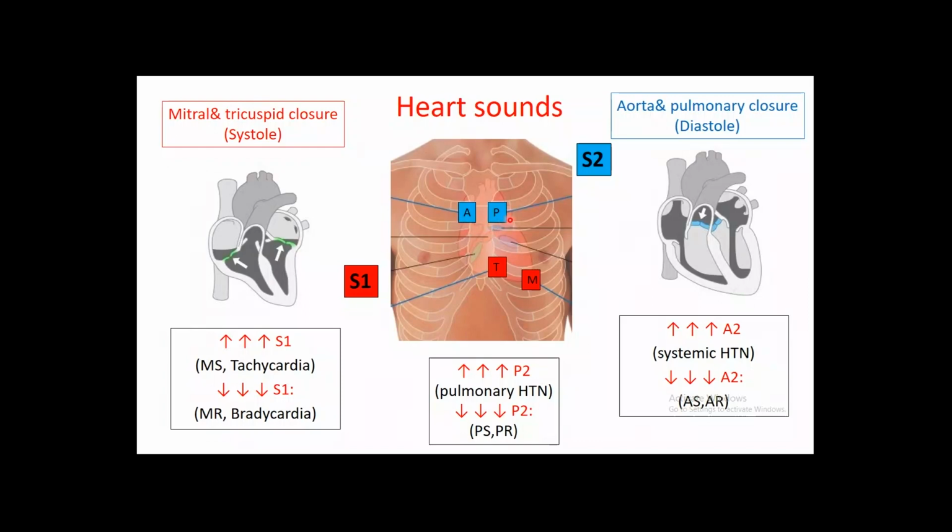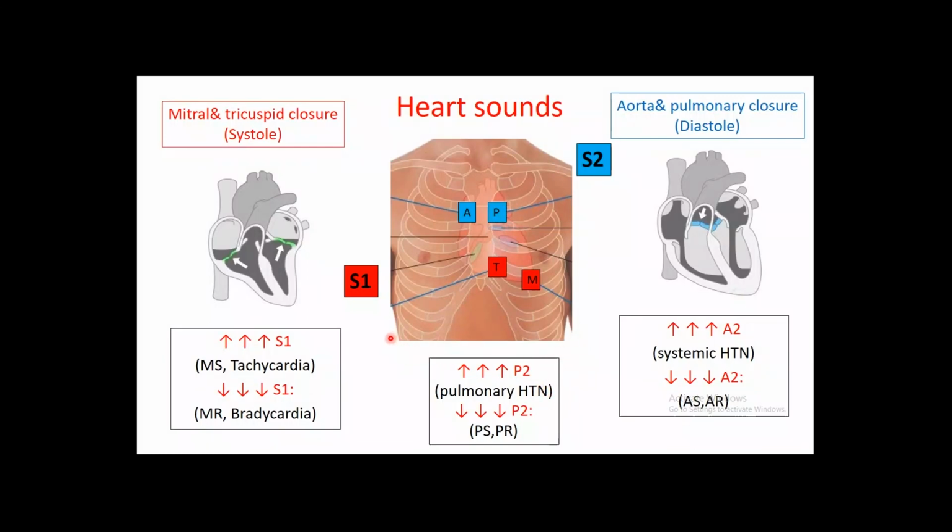Normally, as we said, it is heard, but the second heart sound is a little bit less in intensity than that of the aortic area, because the difference of closing pressure here is around 120 and here is around 25. If it is the same or higher, this means an accentuated pulmonary component that occurs in patients with pulmonary hypertension.